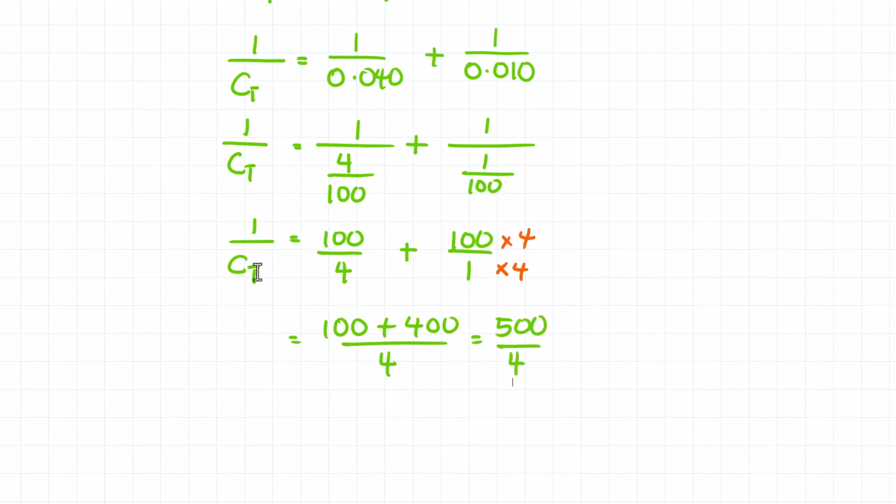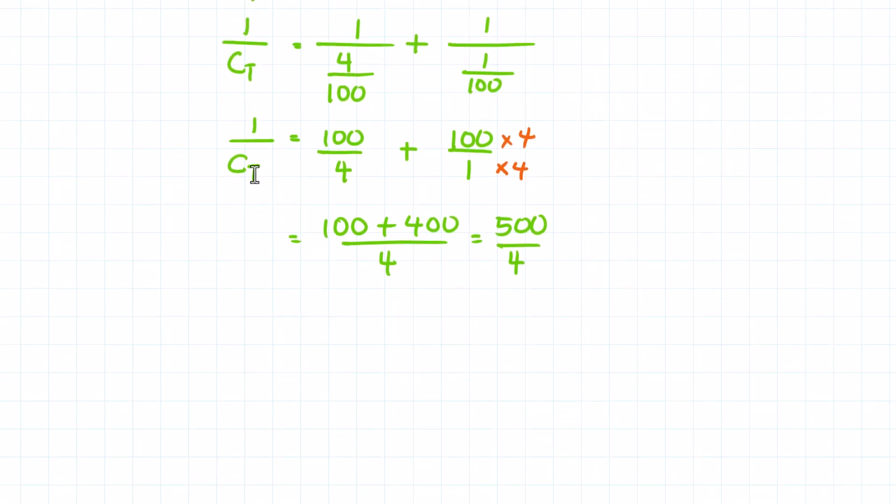Since this is a reciprocal, which is 1 over Ct, our Ct will become the flipped fraction: 4 over 500.